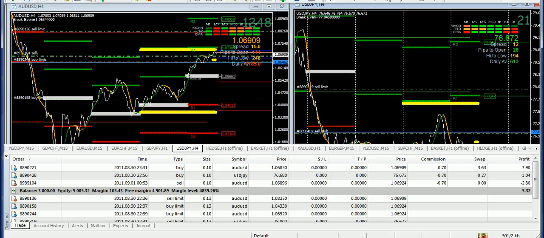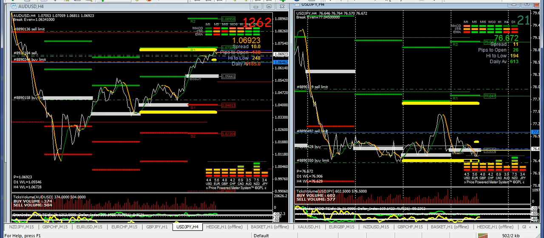So the sell is showing up as being on here, but the buy volume is still up. So we're not going to do anything with that one just yet.